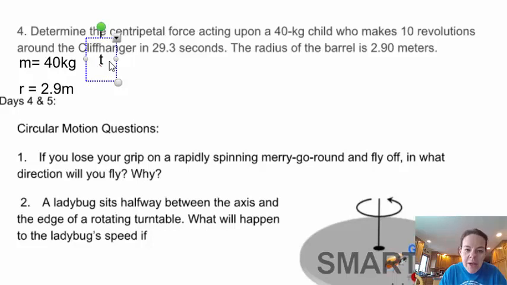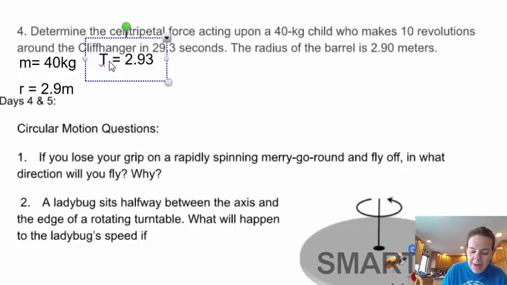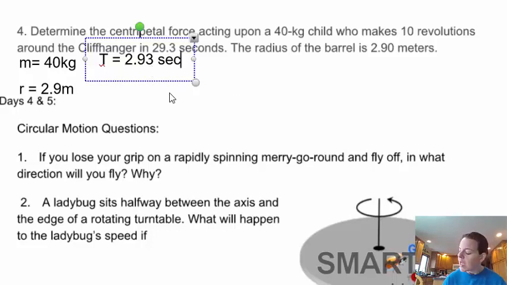And my period, capital T, is equal to 2.93 seconds. I know it says 29.3 there, but it's 10 revolutions in 29.3 seconds, so that means it's 2.93 seconds for 1 revolution.